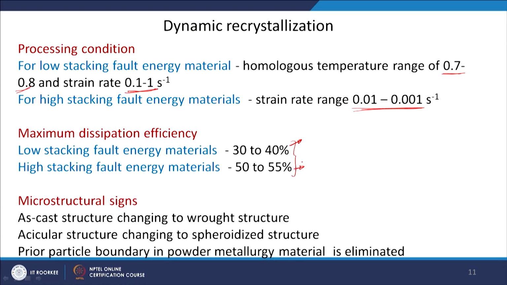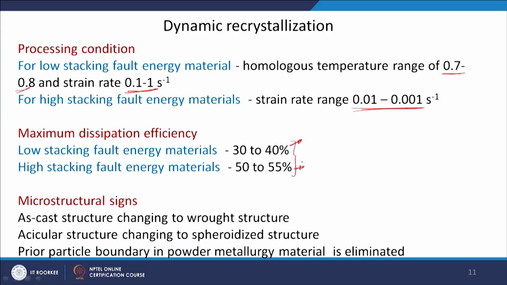Okay. So, if you are able to get that kind of efficiency in a particular processing domain, then you can be in the dynamic recrystallization region. Okay. So, this is what you should be looking for. Okay. Of course, in microstructural science we have already discussed dynamic recrystallized microstructures, how they look. Okay.